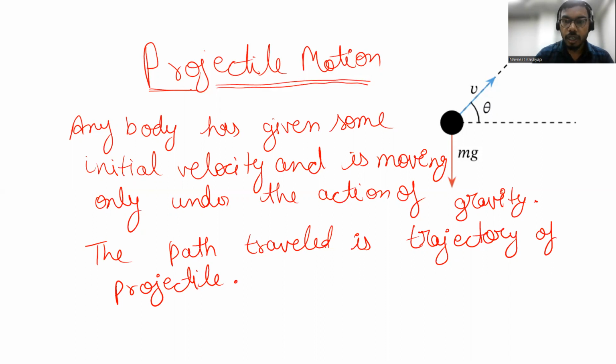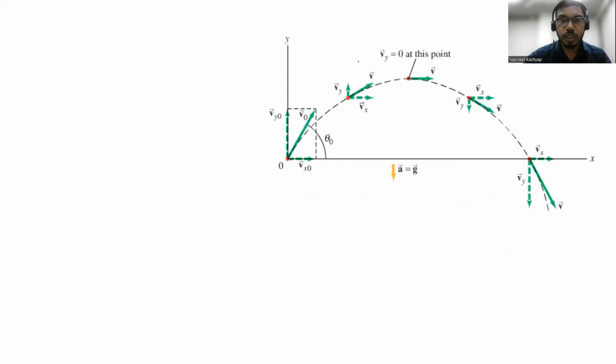Now let's see how we can study it. As we can see here, if we are throwing some body with some initial velocity v naught at some angle theta naught from horizontal, how can we study it? It is a motion in a vertical plane.